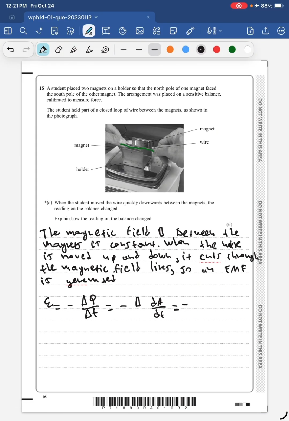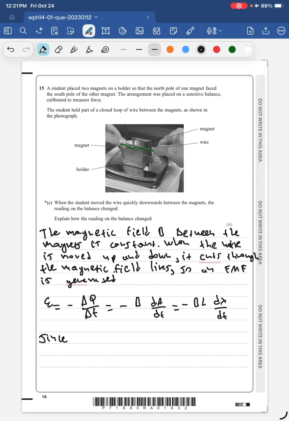So the EMF generated is given by B times L, because L is constant, times dx over dt. And dx over dt is pretty much the velocity with which the wire goes up and down, okay? So let's write this down.